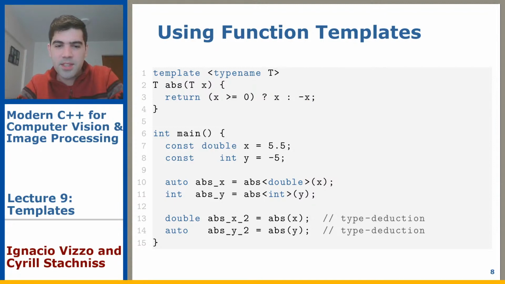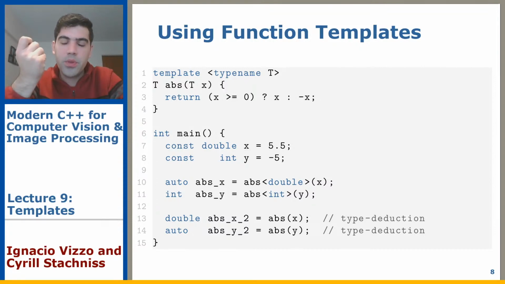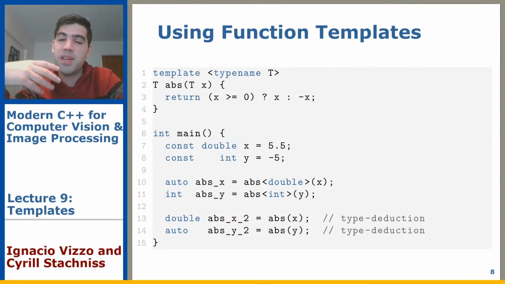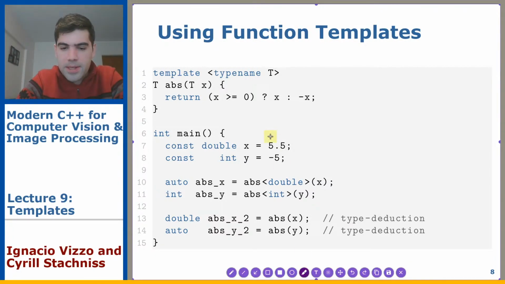And this is one example of using template functions. As usual, my recommendation is you should check it on your computer. And if you use Compiler Explorer, you can get an insight of what's going on behind the scenes, right? But this is just an example, so let's go through it.